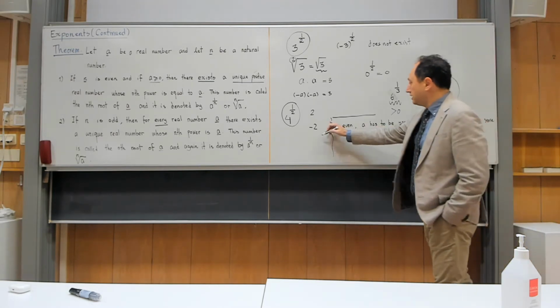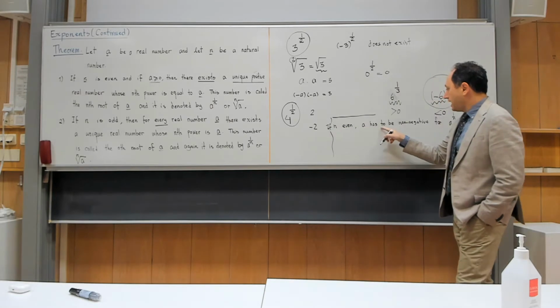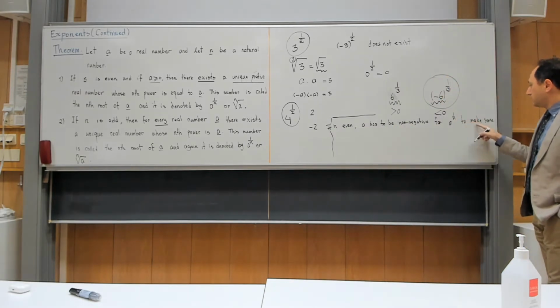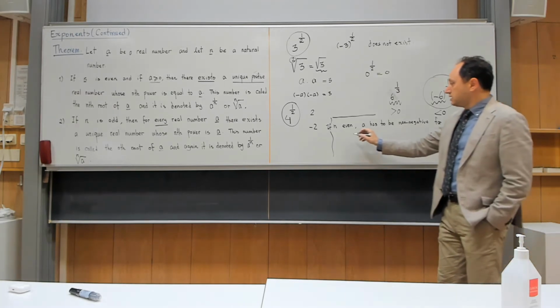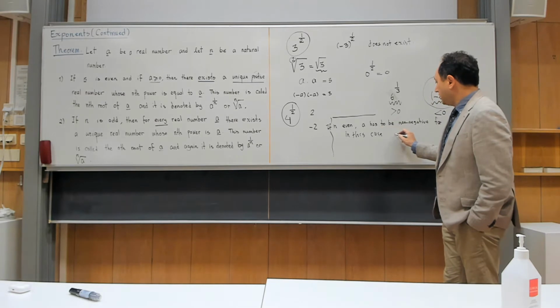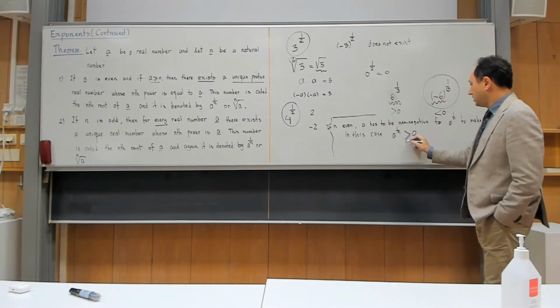In this case, a to the power of 1 over n is positive, is non-negative.